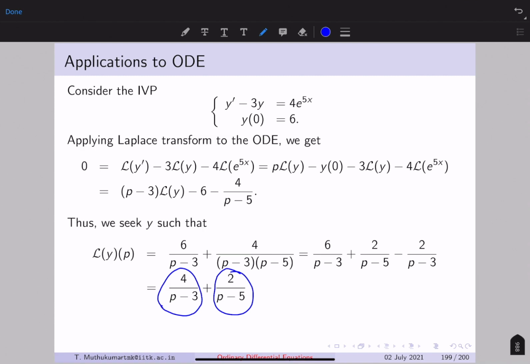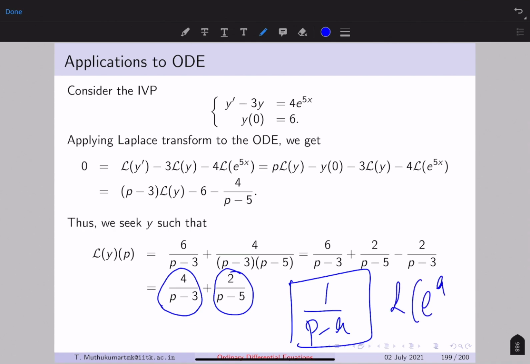So this is in the form of 1 over p minus a, right? What was the function whose Laplace transform was this? The Laplace transform of exponential e power ax was of this form. So when you say p minus 3, it's e power 3x, and with linearity it's 4 e power 3x.